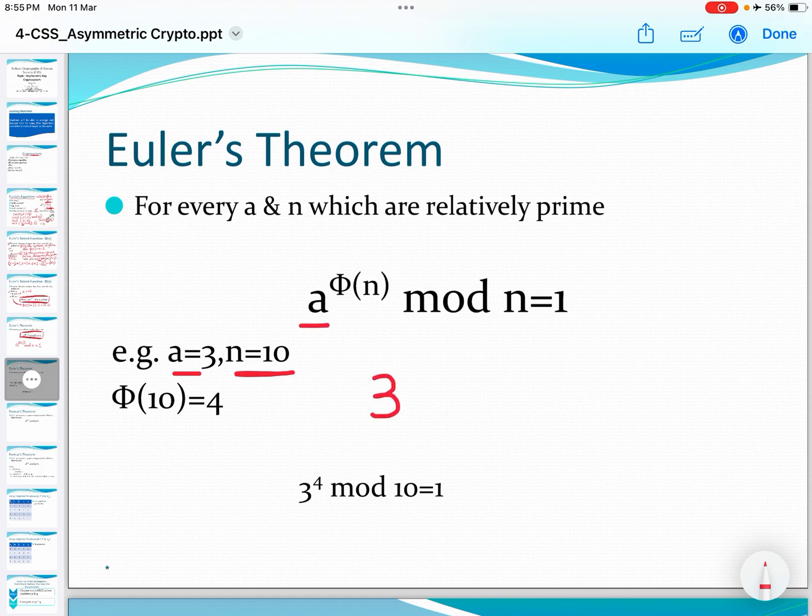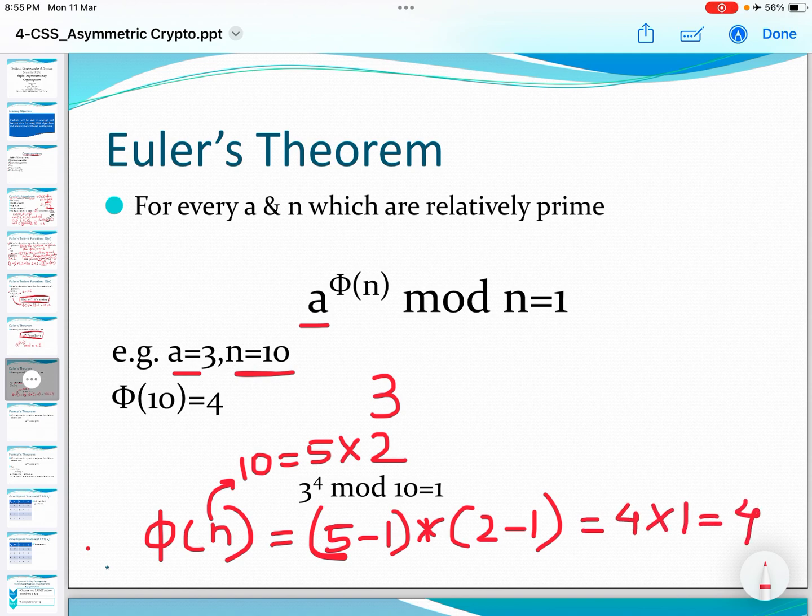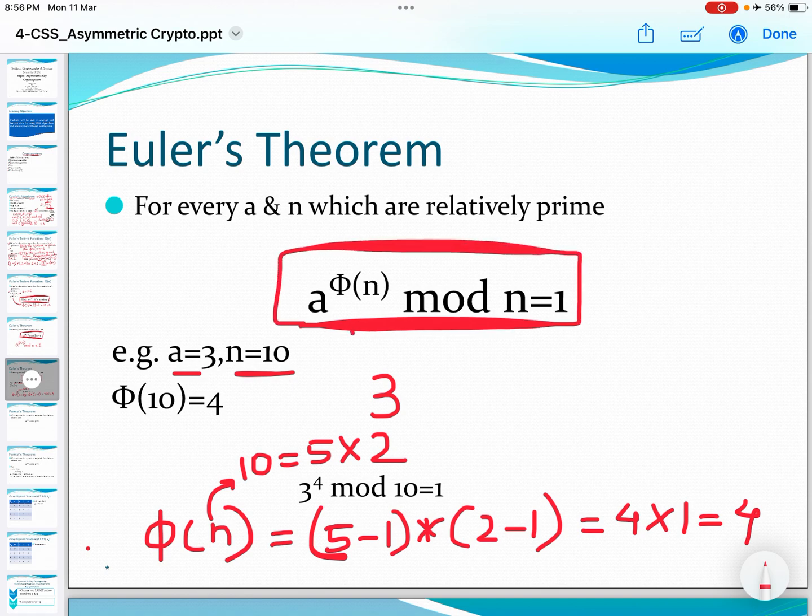So here we will write 3 raised to psi of n mod n, where psi of n is your Euler's totient function and n is 10. 10 is not prime but the factors are prime, 5 into 2. So we simply do 5 minus 1 into 2 minus 1, that is 4 into 1, that is 4. So if you substitute in this formula, you get 3 raised to 4 mod 10 equal to 1.